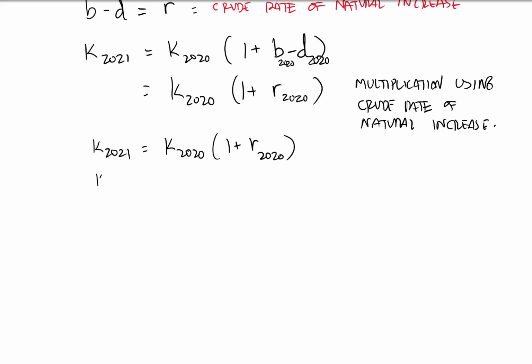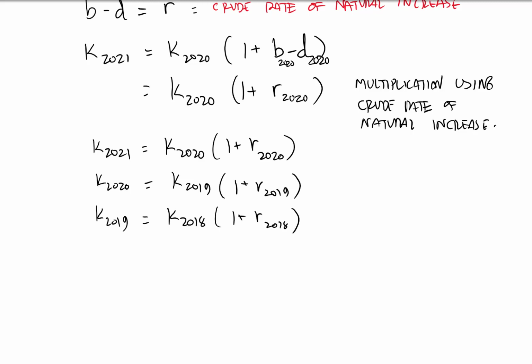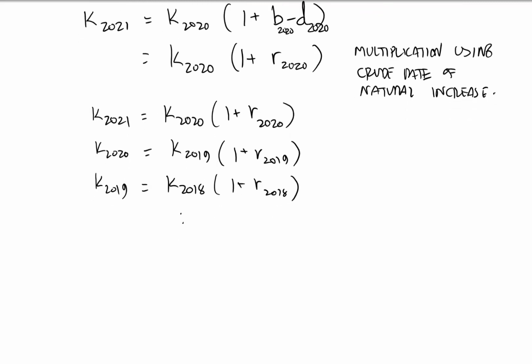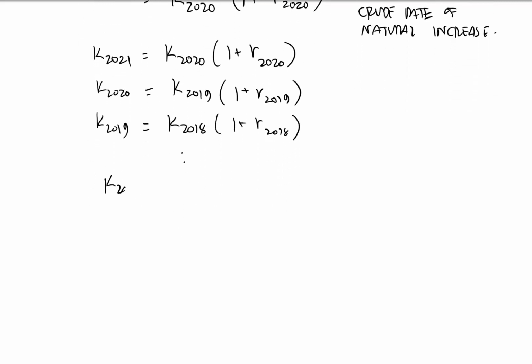We can say that K 2020 equals K 2019 times 1 plus R 2019. And likewise, K 2019 equals K 2018 times 1 plus R 2018. All the way back to K 2001 equals K 2000 times 1 plus R 2000.